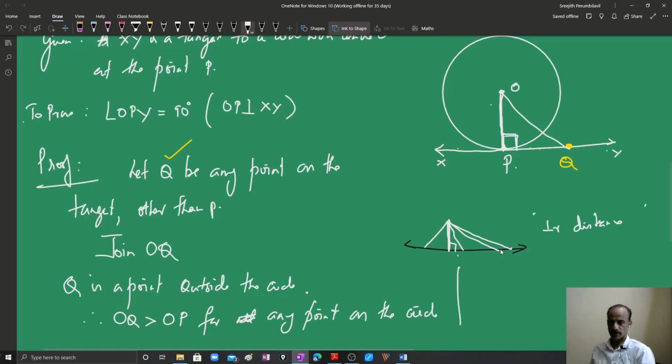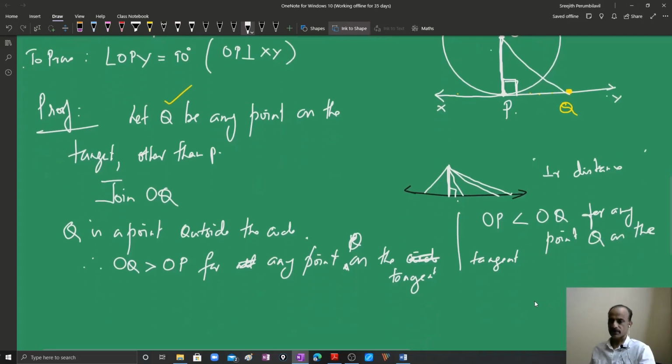In short, OP is less than OQ for any point Q on the tangent. So OP is shorter than OQ for any point Q on the tangent. What do we conclude?